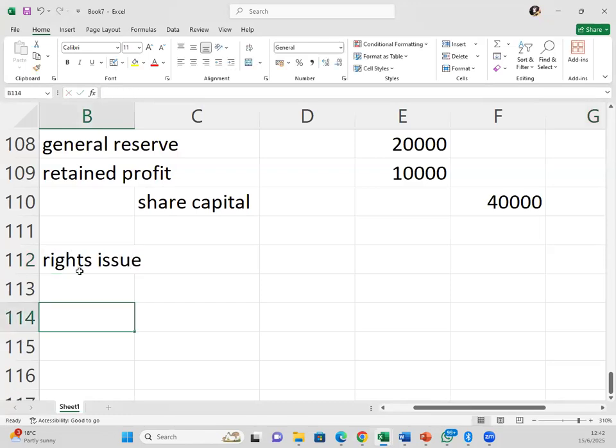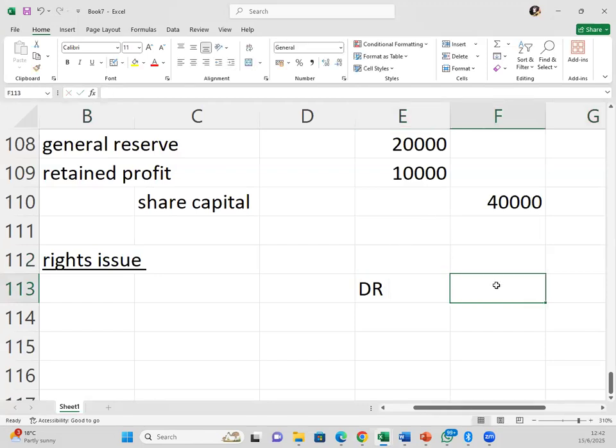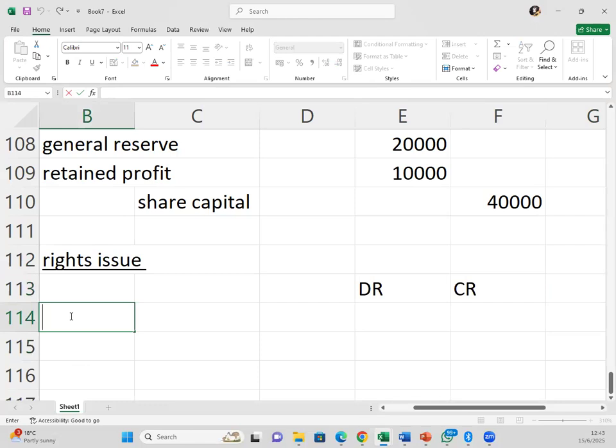So we're going to start with the rights issue. Like I said, it affects the bank. So we are going to debit the bank to show that money has been received in our bank account.